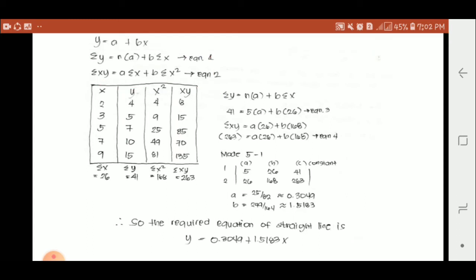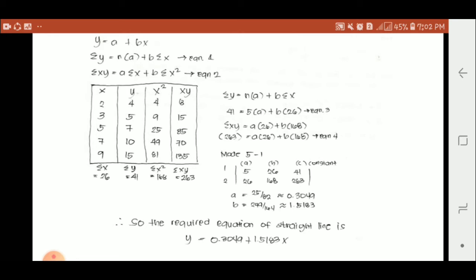So after we have the two normal equations, we need to find the unknowns in equation 1 and equation 2. First, based on the presented data, which is our dependent and independent variables, we can solve the x squared and xy.